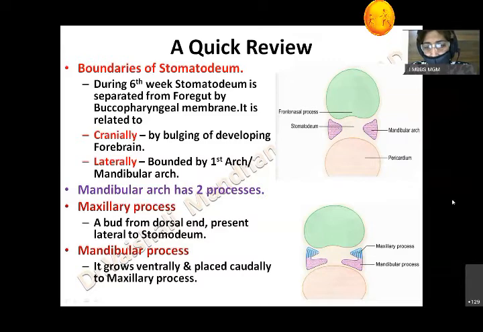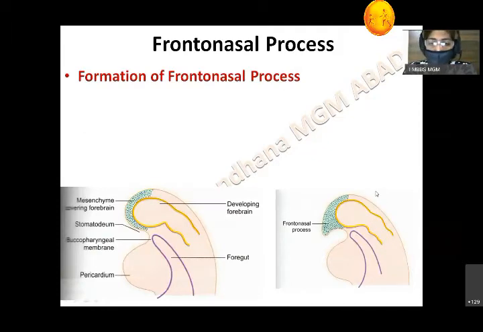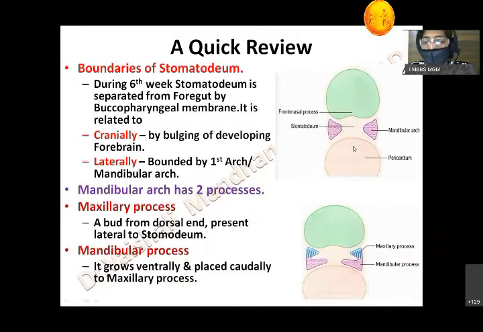Okay, and it grows on the ventral aspect. So these pink structures are the mandibular processes and they will grow ventrally and fuse with each other to form the lower lip and lower jaw. Okay, so we'll see all these processes, the frontonasal process, maxillary process and mandibular process, one by one.